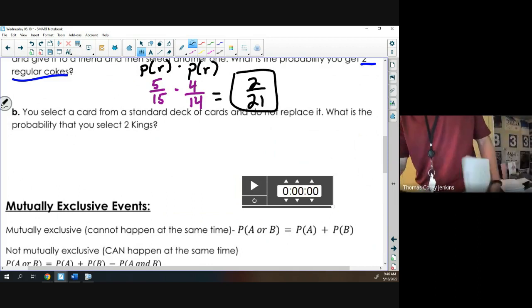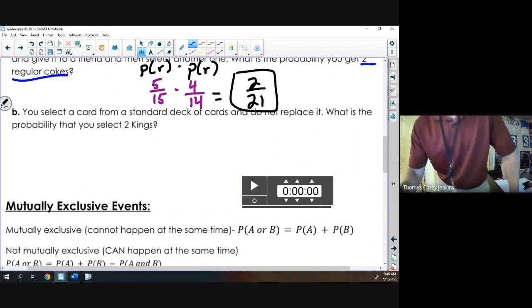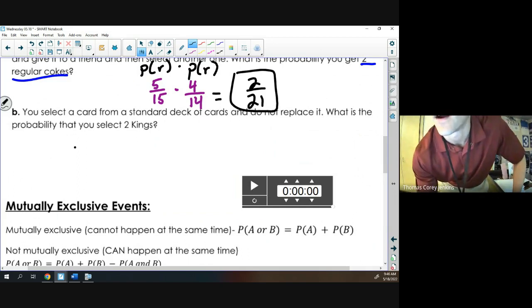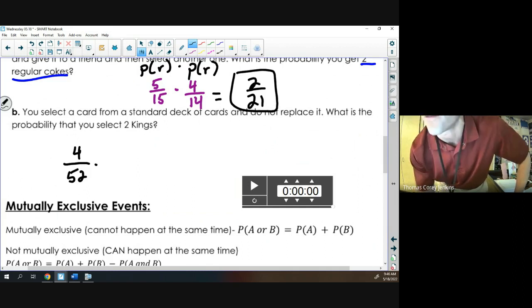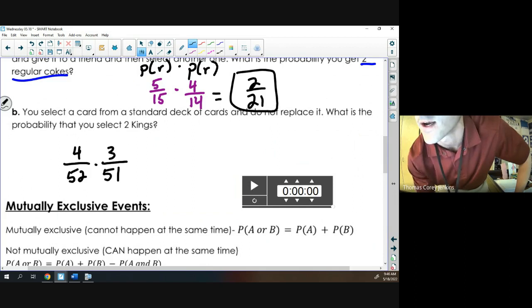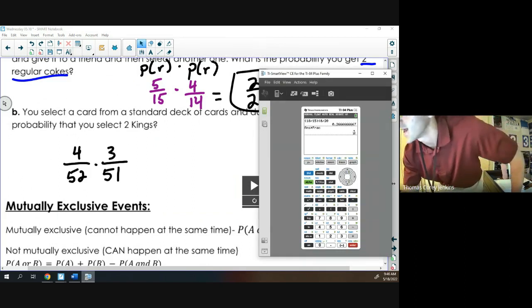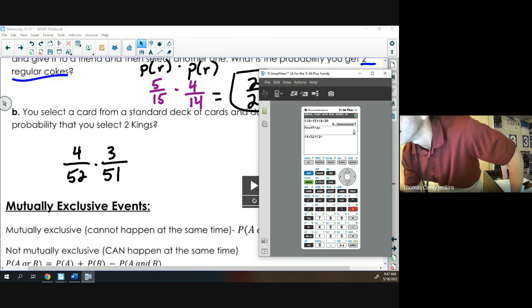All right, so doing it how I showed you on the first one, there are 4 out of 52 original cards that are kings. And then given that we drew a king on the first draw, there'd be 3 left out of 51 cards. So when we multiply that out, 4 over 52 times 3 over 51 is 0.005 about.